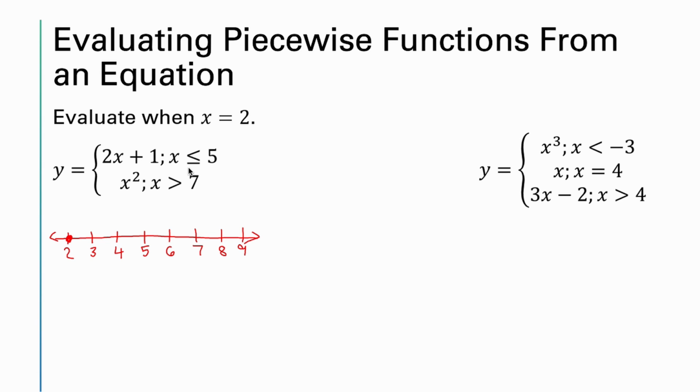If x is less than or equal to 5, so let's do that. With the less than or equal to sign here, we need a closed dot on 5, and then we go this way. And if you don't know how to graph inequalities on a number line, I have another video that shows you how to do that, and I'll put it in the card above. So wherever this points, we go that way.